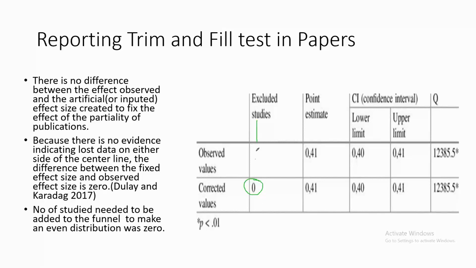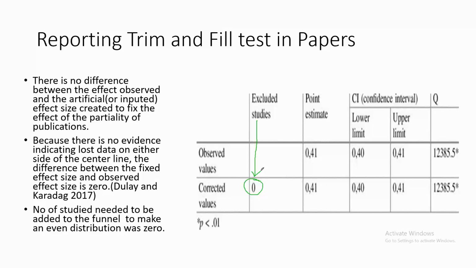Which means that you have not excluded any study, you have not left out any study. Your trim and fill value is 0. What do you mean by 0? The software did not have to put even a single pseudo study into the funnel to make it uniform. This is what it means.